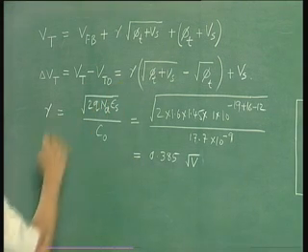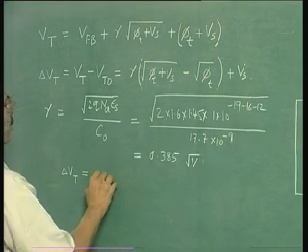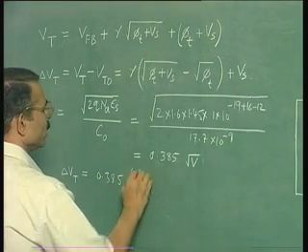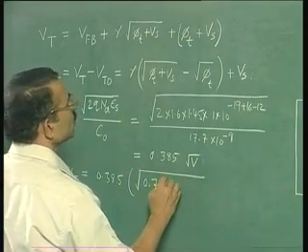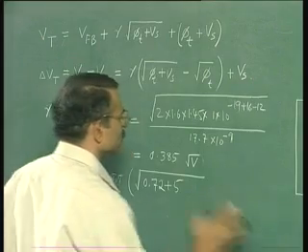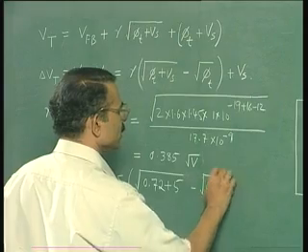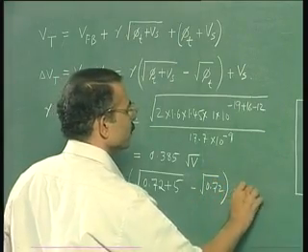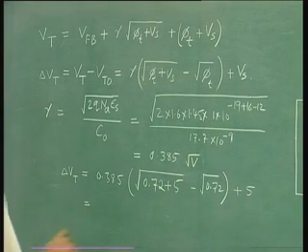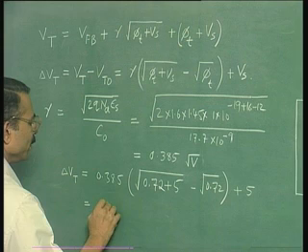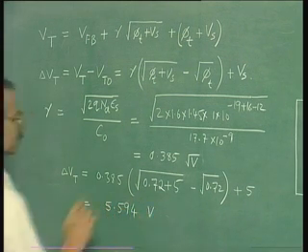Now you substitute this gamma here and you will get delta Vt equal to 0.385 into square root of phi t, which was about 0.72, plus Vs, which is 5, minus square root of 0.72, and this will turn out to be 5.594 volts.